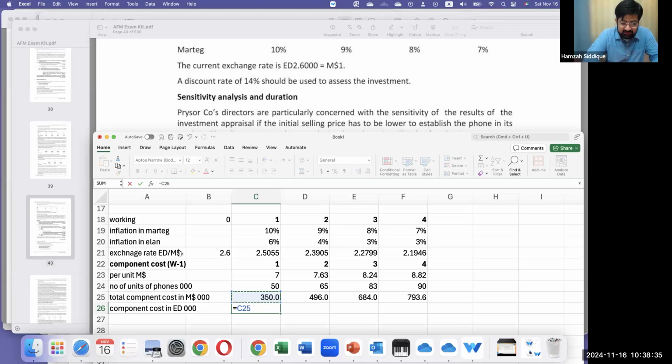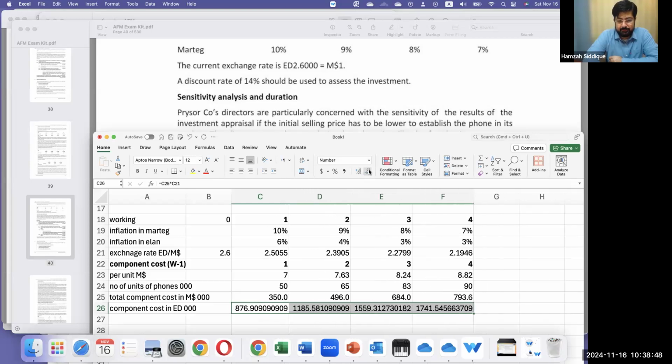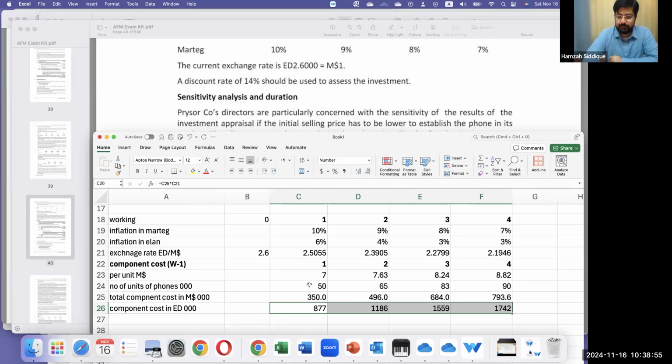So dollar cancelled with the relevant exchange rate. 877 multiply. Yes. Here you go.